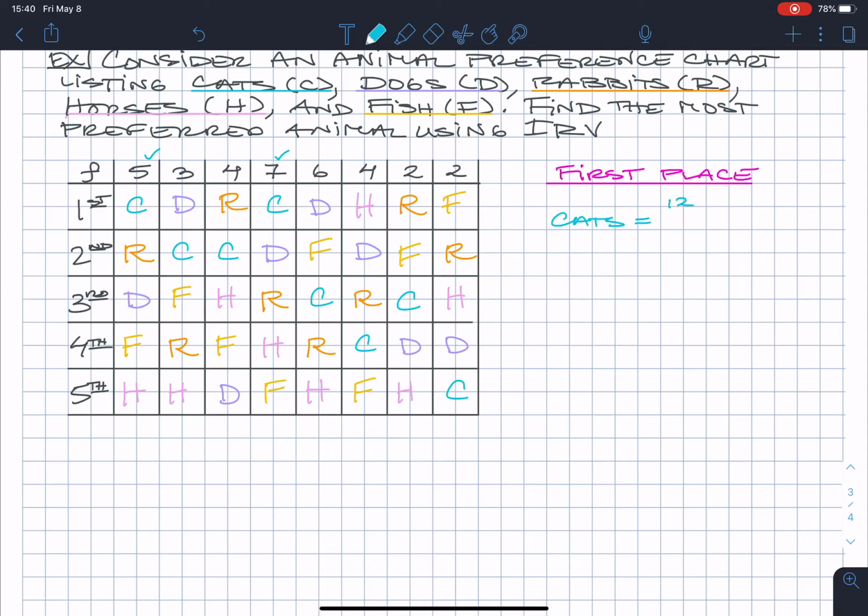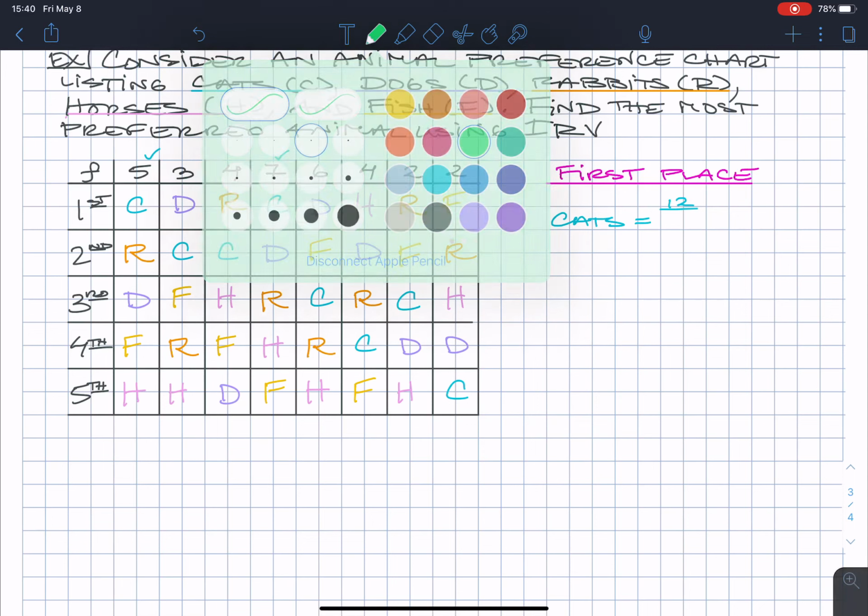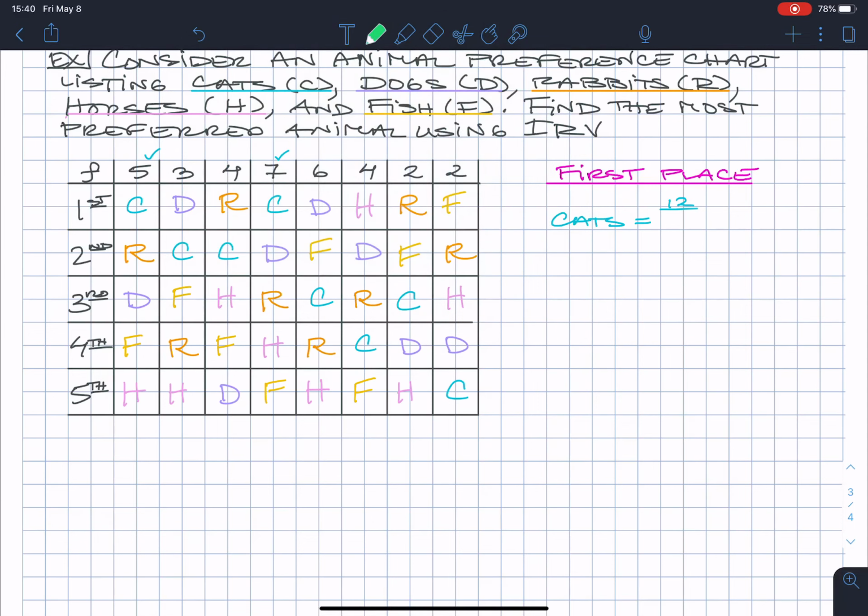So 12 out of, and how many do I have here? 5 plus 3 is 8, plus 4 is 12, plus 7 is 19, plus 6 is 25, plus 4 is 29, plus 4 is 33. Just making sure I can count. So 12 out of 33.